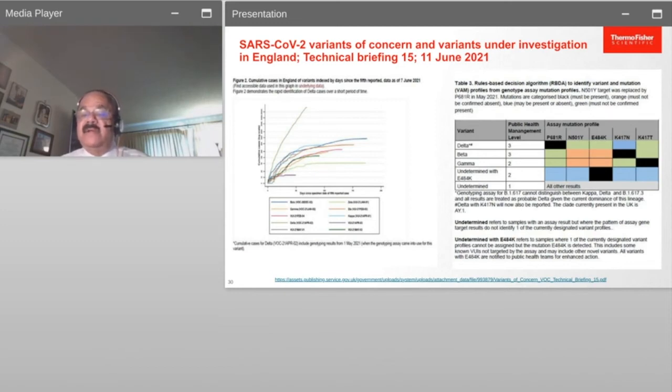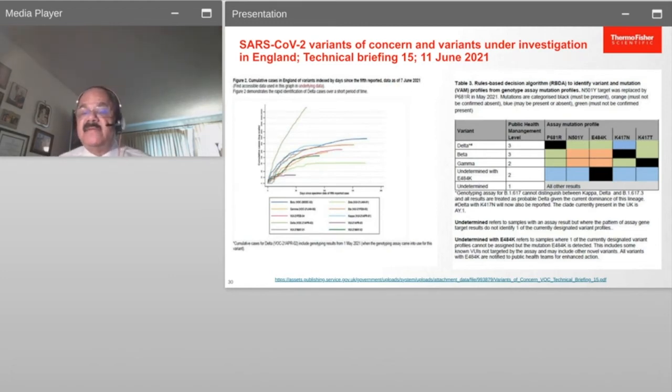It's listed out here in the box on the right. So we have mutations for N501Y, the E484K, the K417N, the K417T, and more recently P681R is there because of the Delta variant.